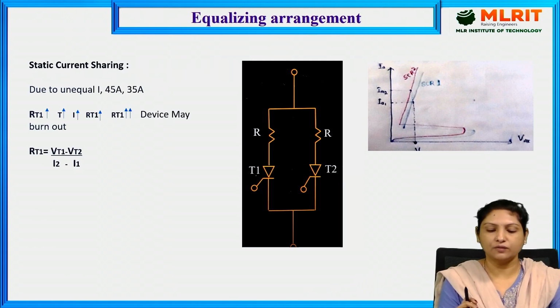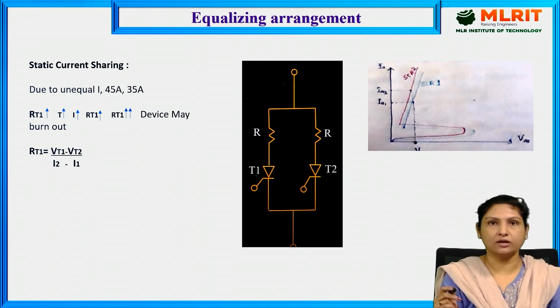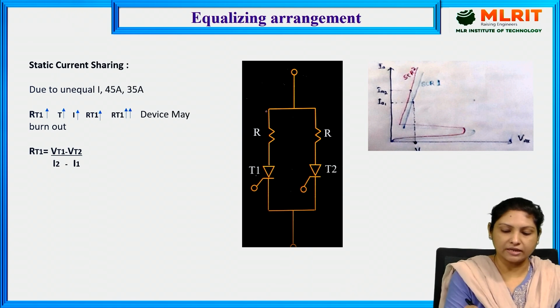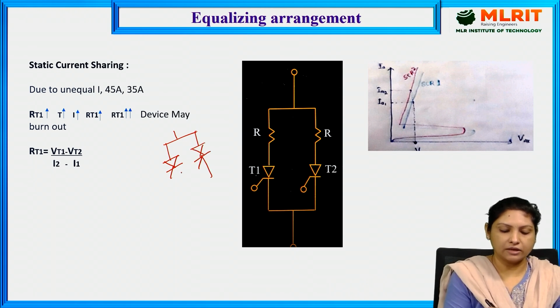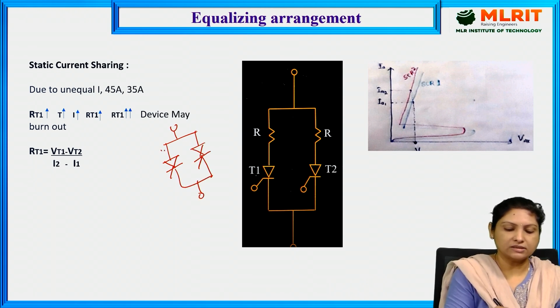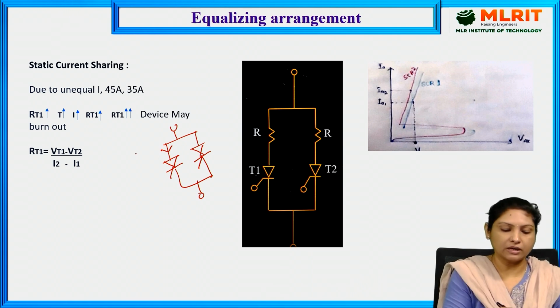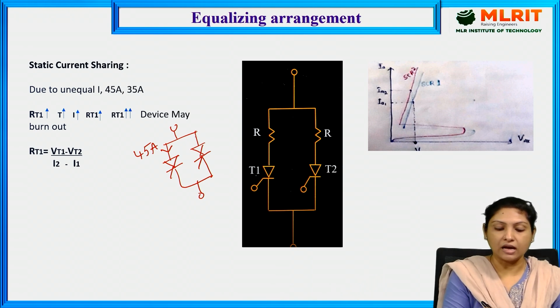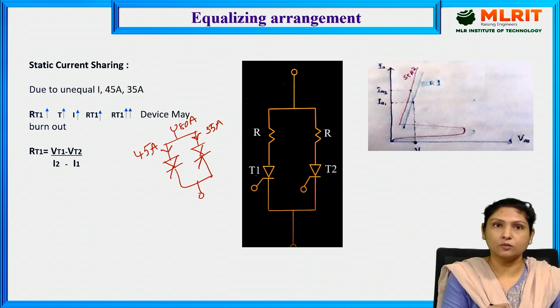Here, in this equalizing arrangement, two SCRs each rated 40 amperes are connected in parallel. By chance, one SCR, rated at 40 amperes, is carrying a current of 45 amperes and the other SCR is carrying only 35 amperes. In that case, the current handling capability of this thyristor is exceeded by 5 amperes.